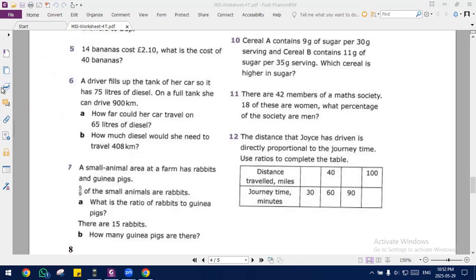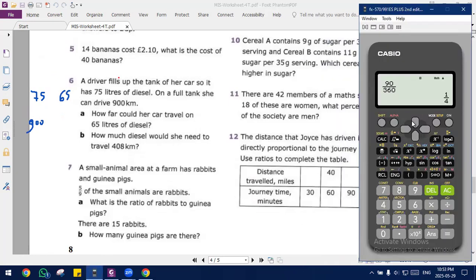As I told you, do cross multiplication. 75 liters will be 900 kilometer. Then you're asking me, what about 65 liters? How do I solve it? I do cross multiplication. 65 times 900 is this, and then divide by 75. 780 is the answer.